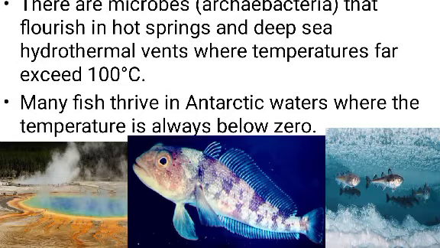They have anti-freeze chemicals in their body which can prevent the body fluid from freezing. Thus, they are capable of surviving in Antarctic waters where the temperature is very low.